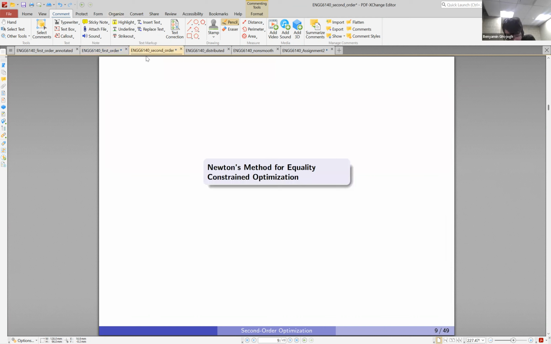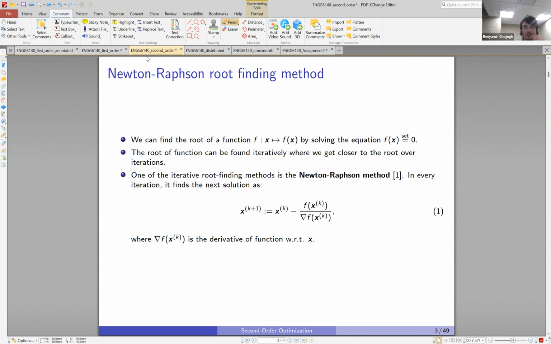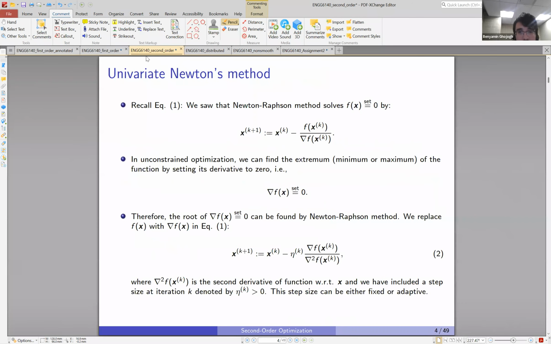Now let's review very fast what we had for Newton's method, and then we will continue with the second order optimization. So we started with the Newton-Raphson root finding method, and then we said, rather than finding the root of f of x, let's find the root of the gradient of f of x because of the first order optimality condition, which was this.